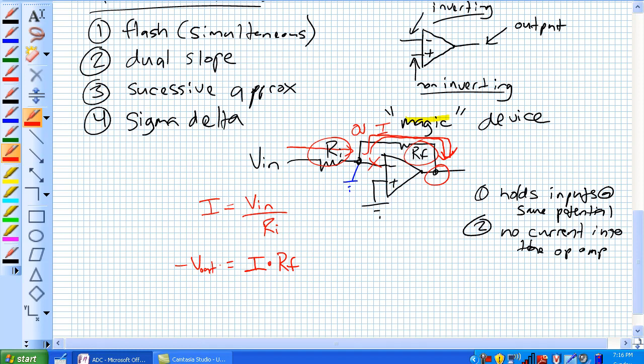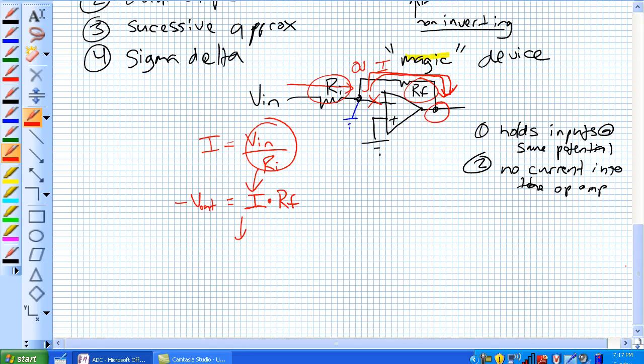So now we can rearrange that, and ultimately you're going to get a bit of a gain there, depending upon the arrangement of the resistors, but the negative sign indicates inversion.